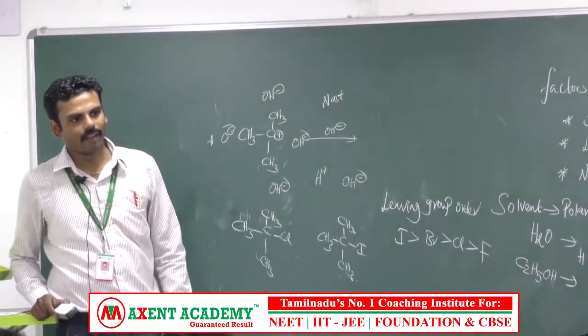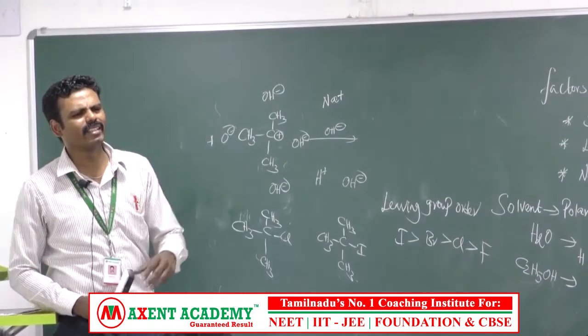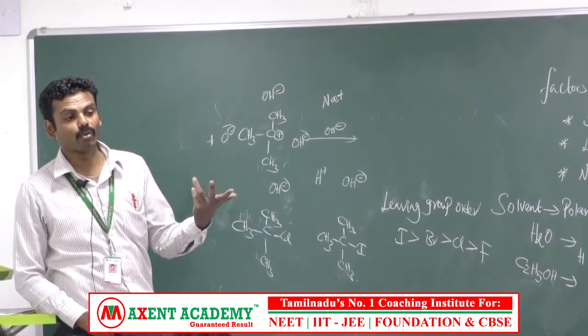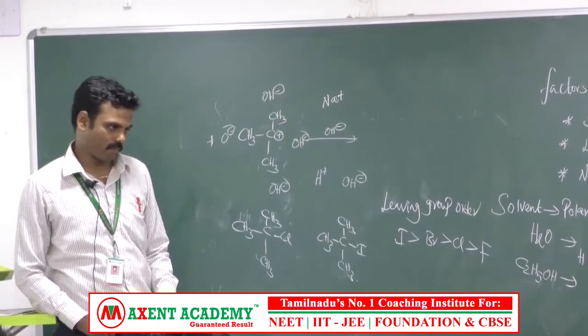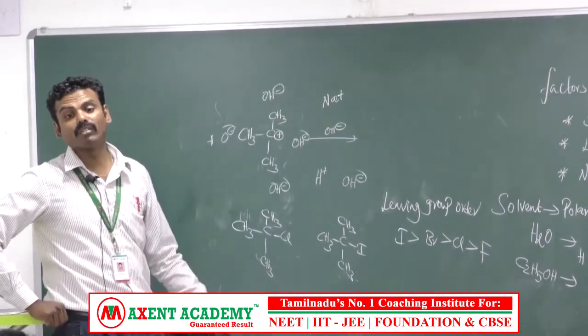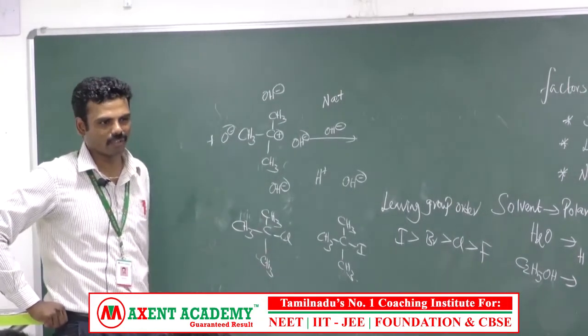Why are the tertiary molecules making SN1 faster? Tertiary carbocation is more stable. That means if we have something which is more stable than tertiary carbocation, that can make SN1 faster, right?